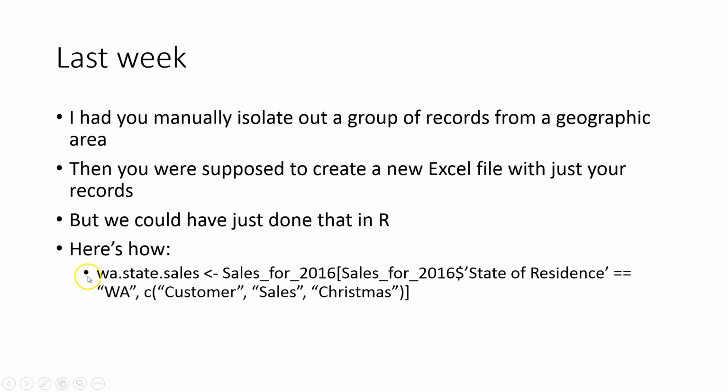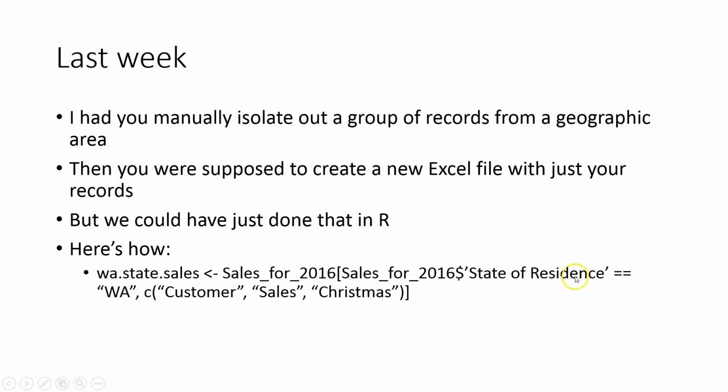If you were assigned to Washington State, I could have had you set up a variable called Washington State Sales. You would have set that equal to, this is your file name, sales for 2016. This is your file name and your field name. Now your field name is state of residence. I changed it from sales to state of residence, and because it has spaces in it, I put it in single quotes.